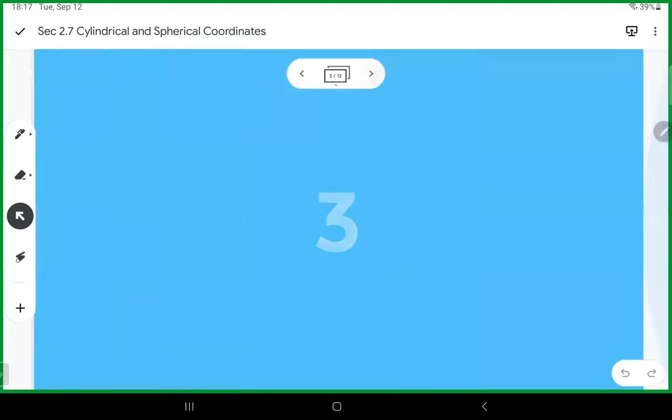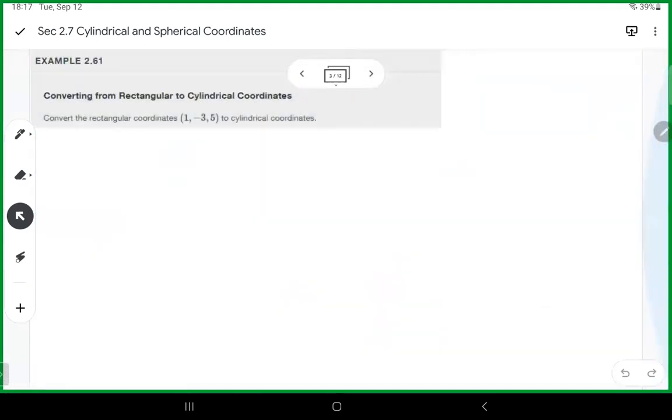Okay. All right, so let's do an example, converting from rectangular to cylindrical coordinates. We want to convert the rectangular coordinates (1, -3, 5) to cylindrical coordinates. The first thing we want to look at is r squared equal to x squared plus y squared.